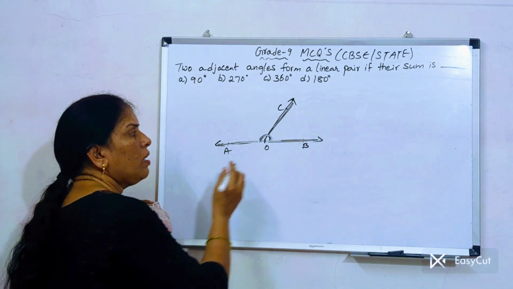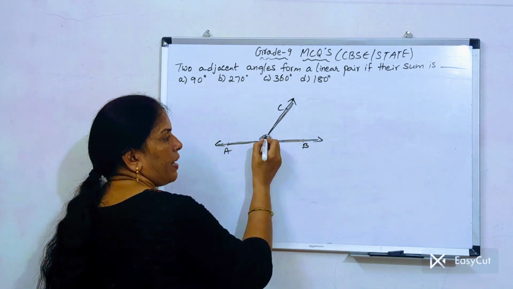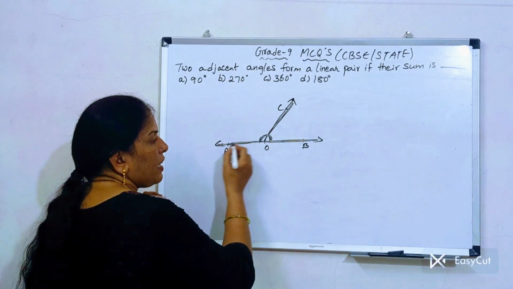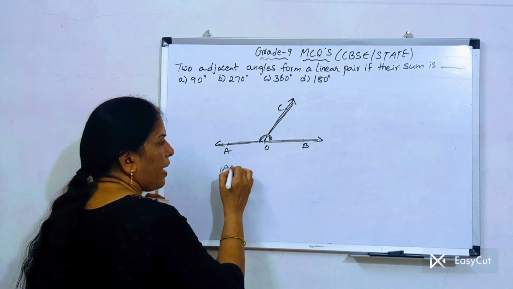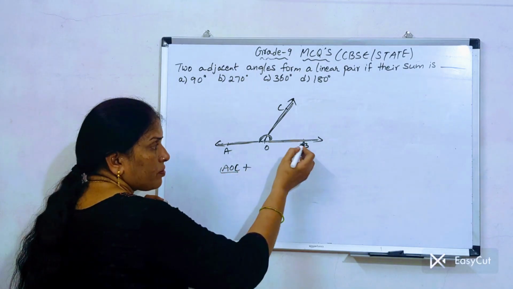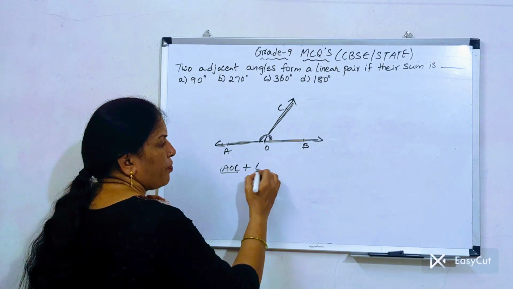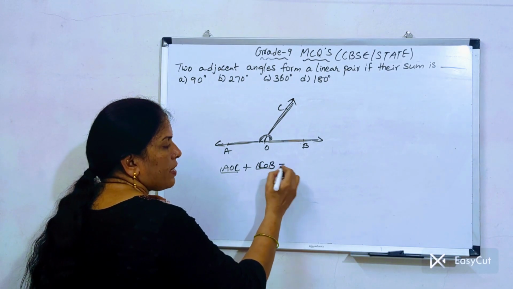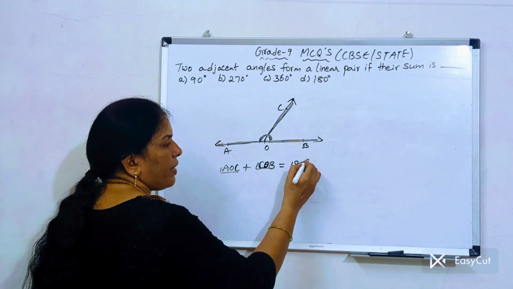All of you understood now? That means angle AOB is equal to angle AOC plus angle COB, which is equal to 180 degrees.